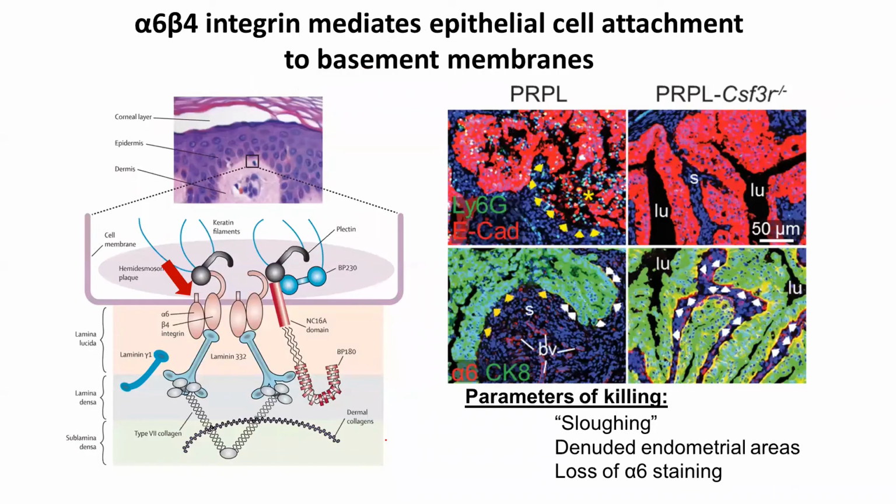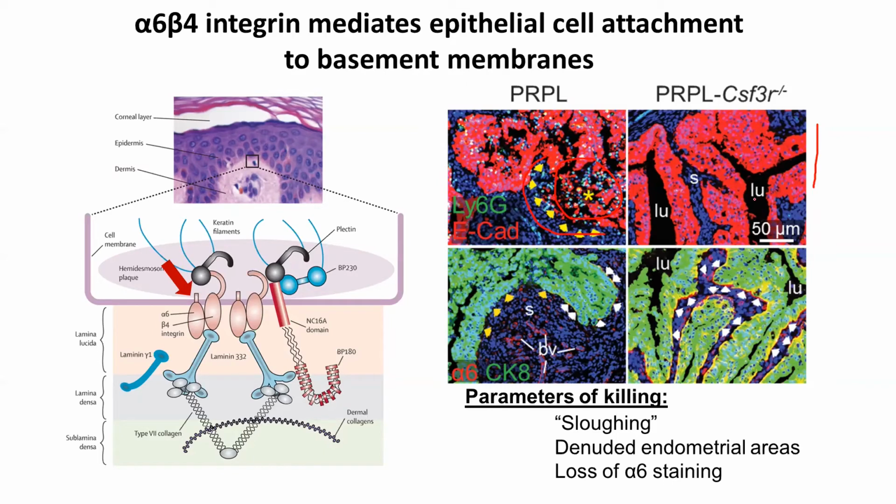As mentioned previously, the mechanism through which neutrophils oppose tumorigenesis is by inducing the sloughing of live epithelial tumor cells. This was associated with an increase in denuded endometrial area, which are areas lacking epithelial cells. All of these phenomena were not apparent in mice lacking neutrophils.